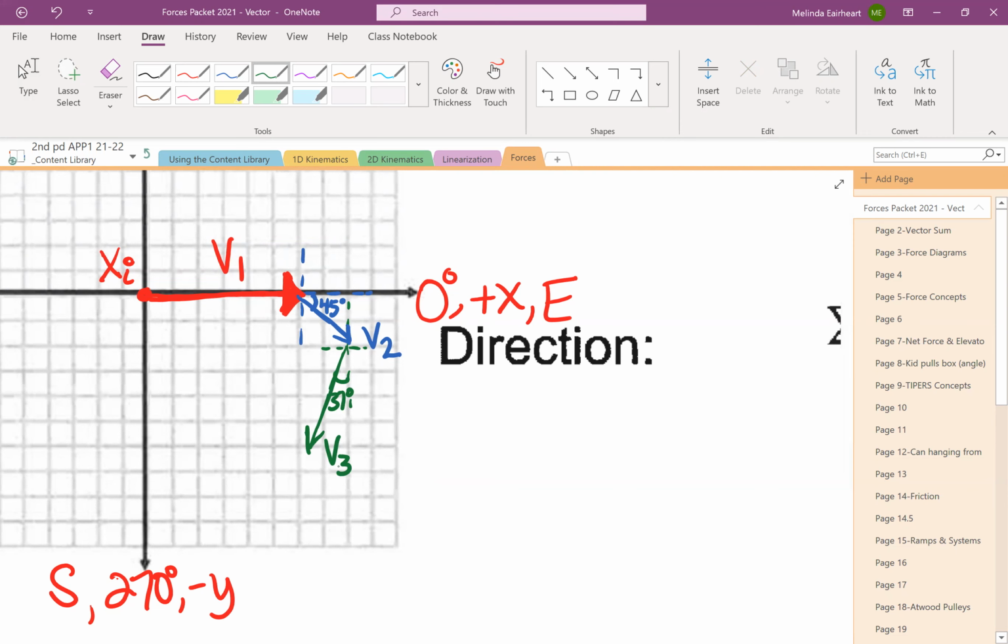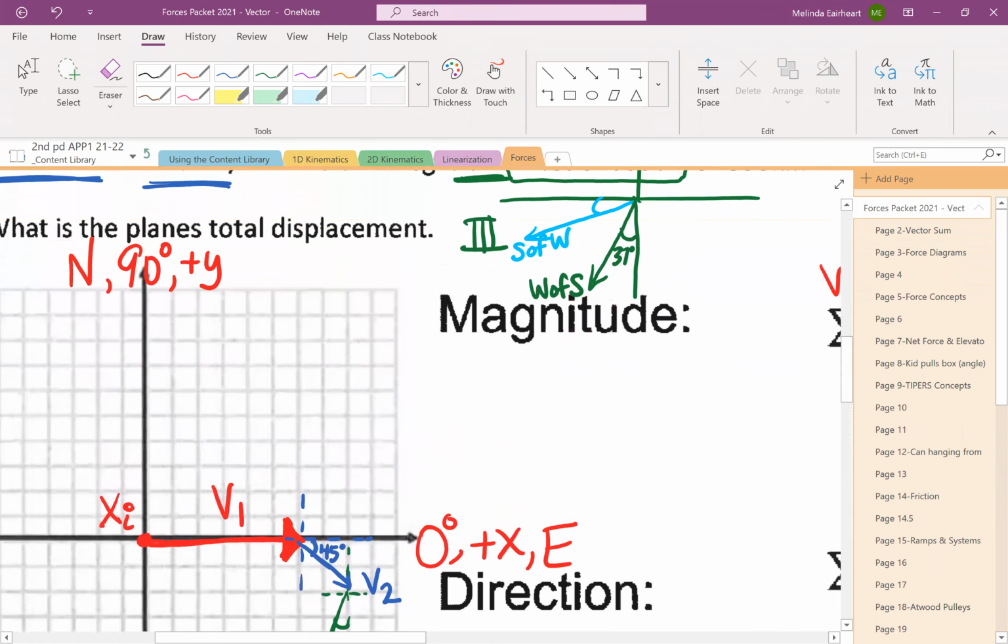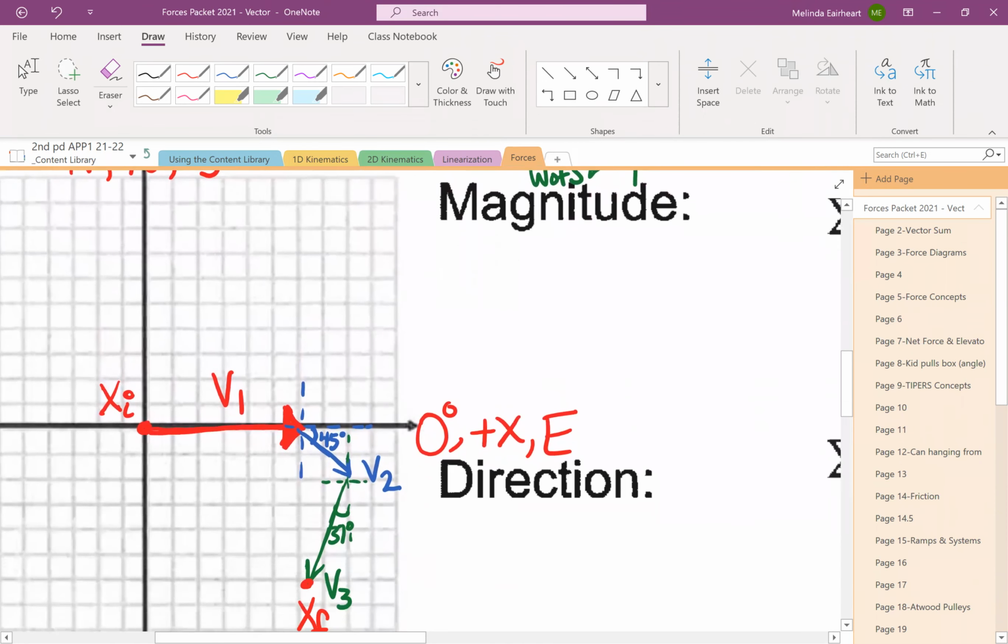Now, kind of go with that treasure hunt. If everybody is doing step 1, step 2, step 3, maybe I'm a little smarter and I do a little vector addition and I can find the shortcut so I get to the treasure first, right? Notice this is where we end. Whatever spot we end with is your final position. The question up above says, what's the object's, plane's total displacement?